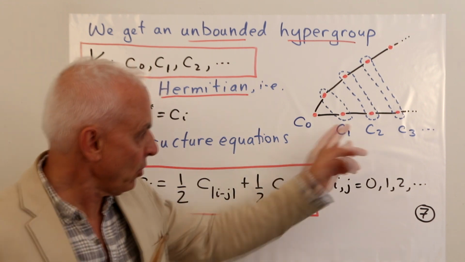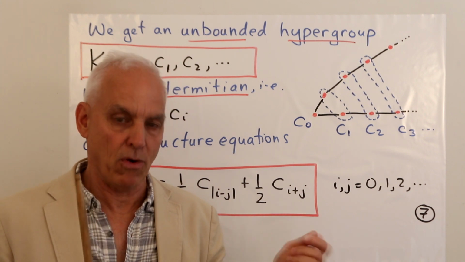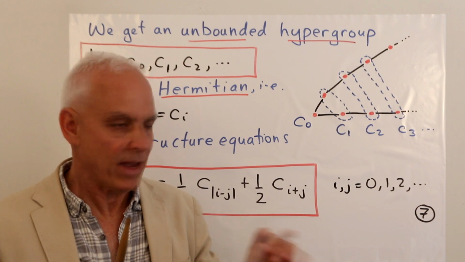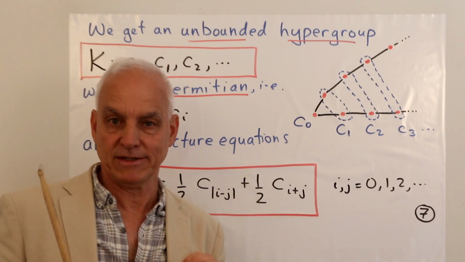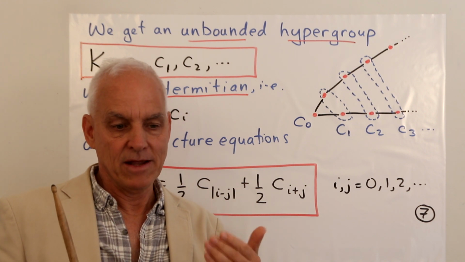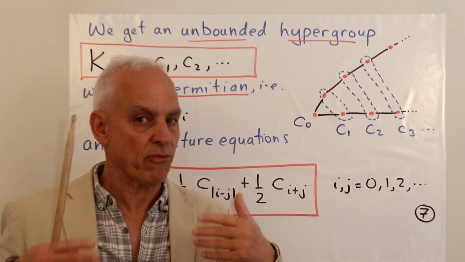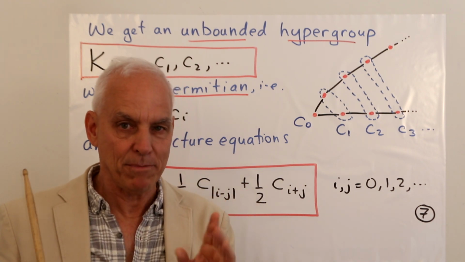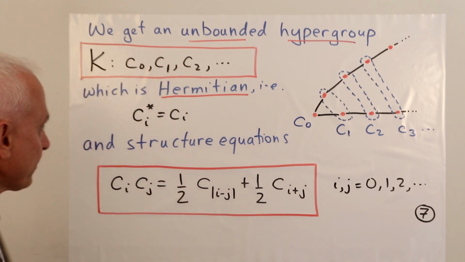If you're at C2 and you want to have at least a reasonable chance of getting back to the origin on your next step, you have to take a step of size 2. A step of any other size is not going to give you a possibility of getting back to C0. So we say that the star of C2 is itself. That's a special property of a hypergroup. It's a very important property because a lot of hypergroups have that property, but not all.